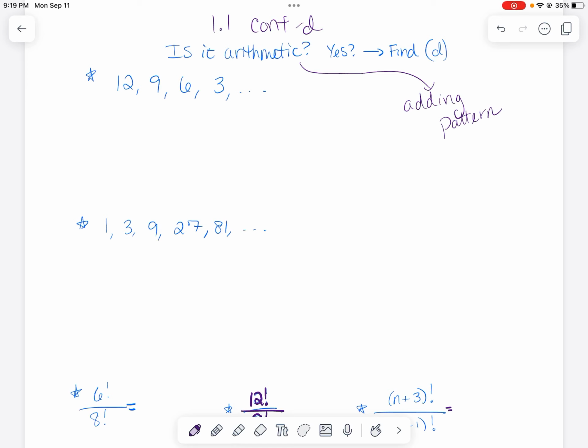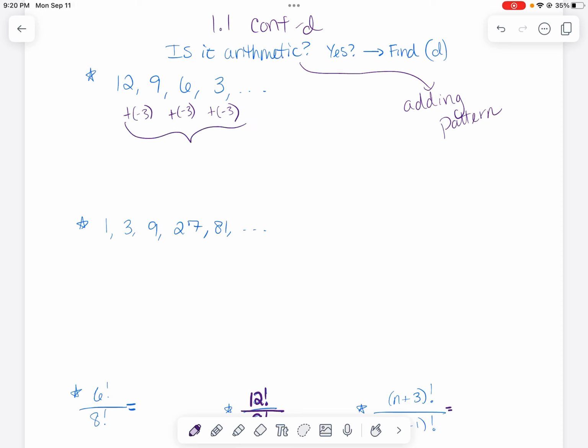Okay. So I'm looking at the sequence I gave you, 12, 9, 6, and 3, and I said, okay, well from 12 to 9, I am taking away 3, or I'm going to think about it as adding negative 3. So 9 to 6, I added negative 3, 6 to 3, I added negative 3. That pattern has to hold true for the entire sequence in order for it to be considered arithmetic.